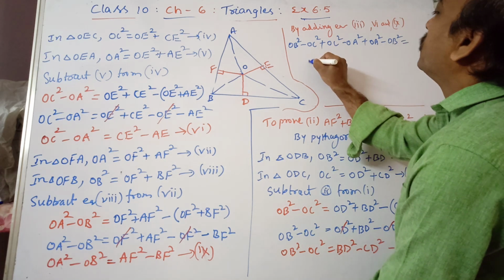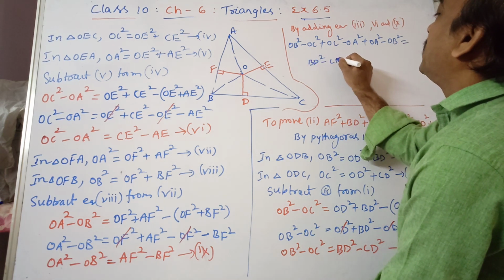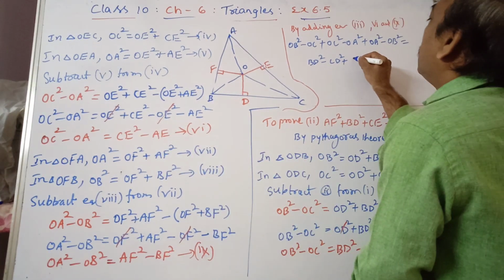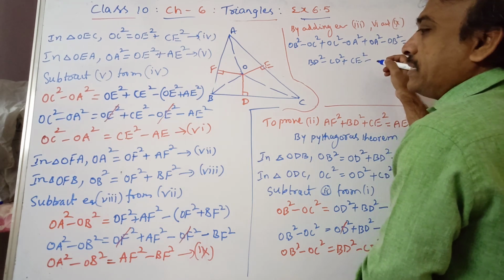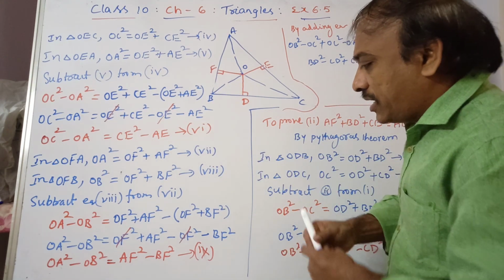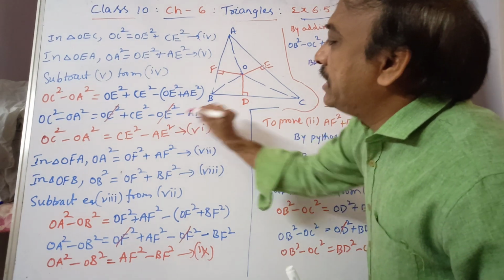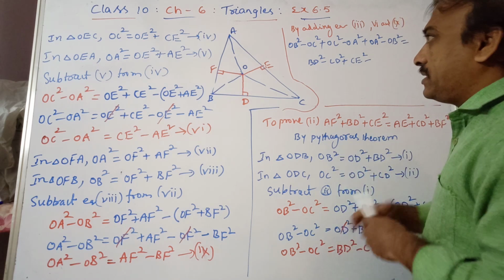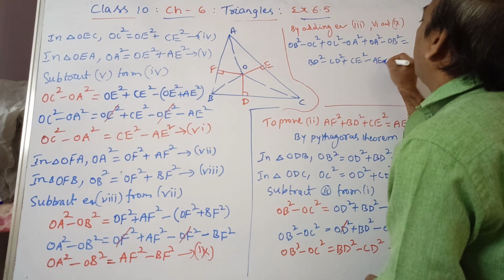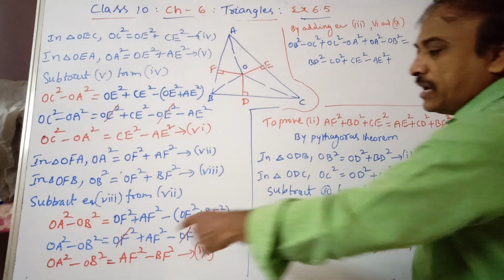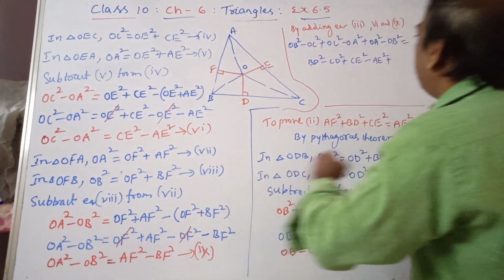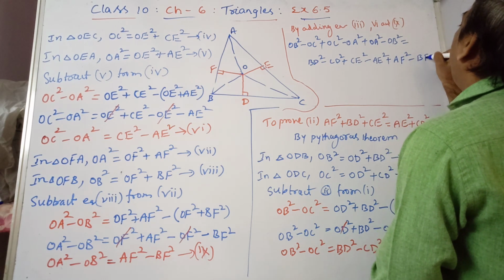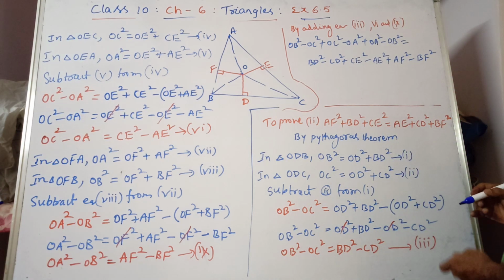So BD square minus CD square plus CE square minus AE square, plus AF square minus BF square.